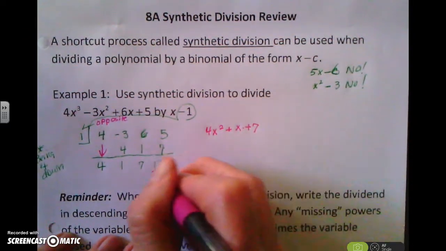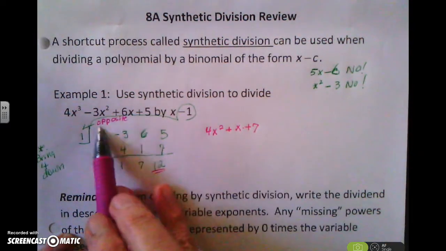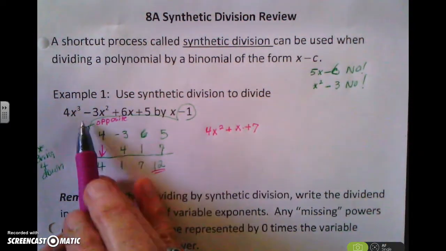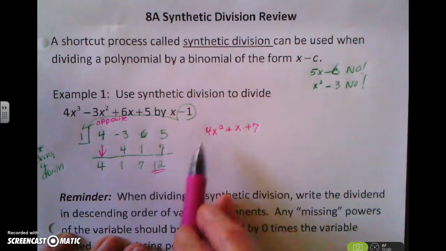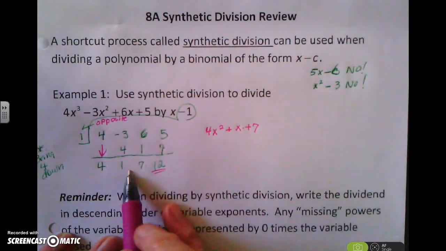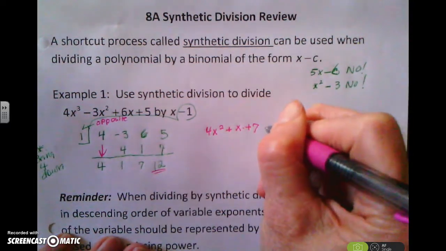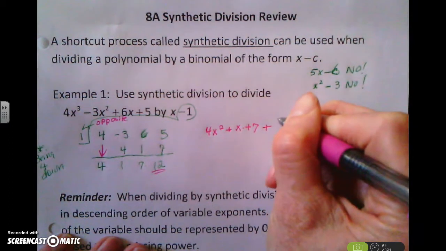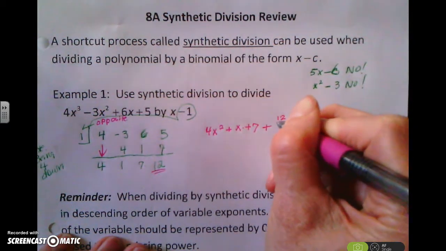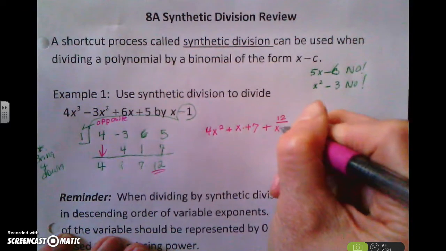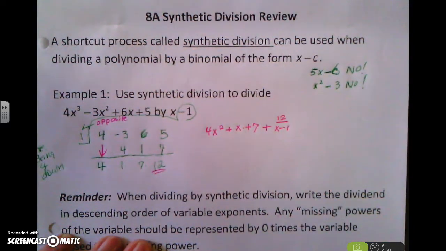All right, so notice that when I finish, it's 1 less. Take my coefficients, put them in there, and then I have a 12 right here, which I didn't have anything to go with, and this is going to be my remainder. So it's going to be plus a remainder of 12, and we're going to write it as 12 over x minus 1, like a fraction.